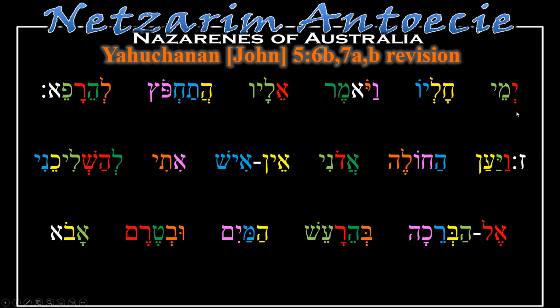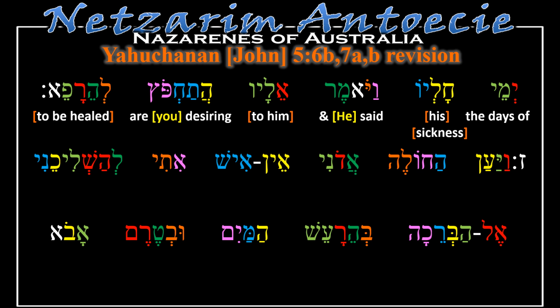Then we read, we're in part B of 6, yemei, the days of chalyo, his sickness. Vayomer elav, and he said unto him, ha tach pots lehe rafe, are you desiring to be healed?